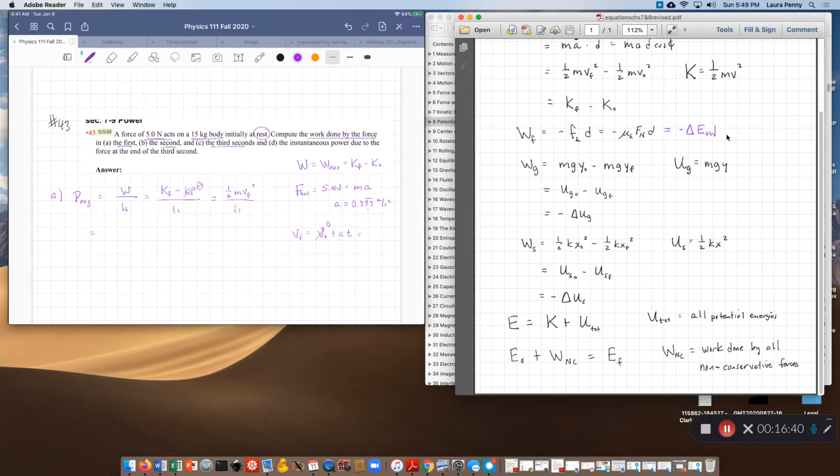This is 0.333 times 1 second, and so this is 0.333 meters per second. So that's 1/2 the mass times 0.333 squared divided by 1 second, and I can get the average power in the first second. 0.5 times 15 times 0.333 squared, divided by 1, obviously, is 0.833 joules per second.